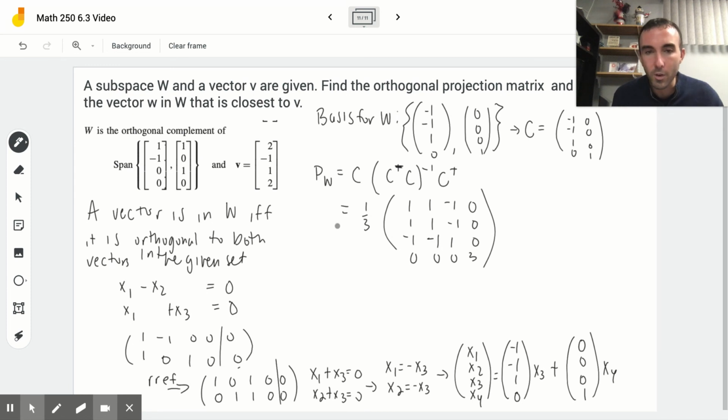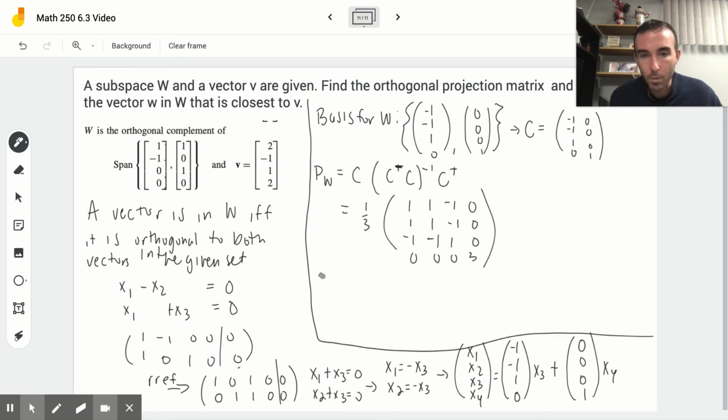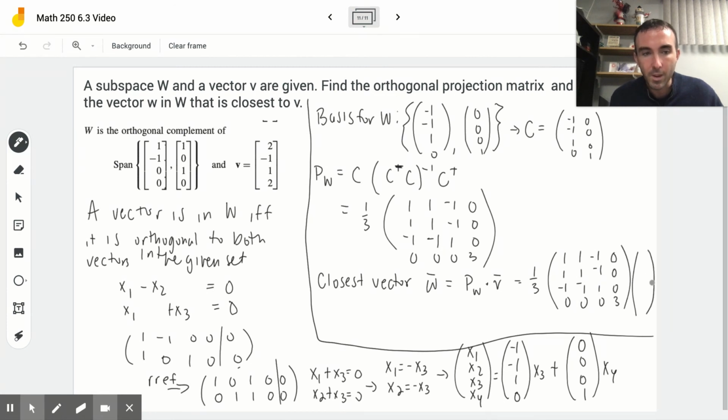And the cool news is when we want to find the vector that is closest, all we need to do is multiply our orthogonal projection matrix by vector V. So we simply take this matrix here, 1, 1, negative 1, 0, 1, 1, negative 1, 0, negative 1, negative 1, 1, 0, 0, 0, 0, 3, and we multiply it by V, which was given at the outset.